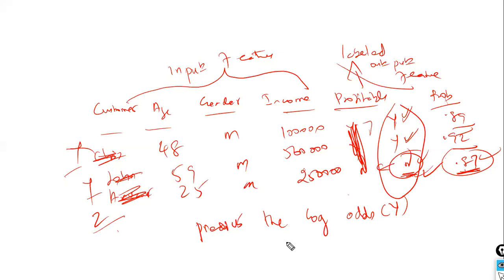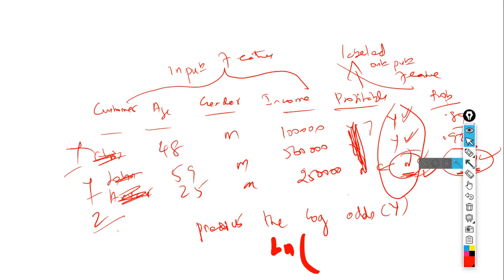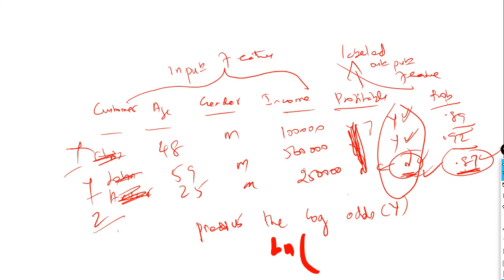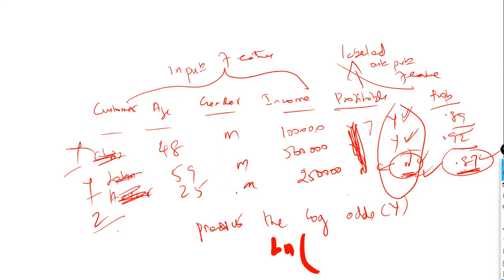The formula for logistic regression is the natural log of the odds. What is odds? The probability of success divided by the probability of failure, right?